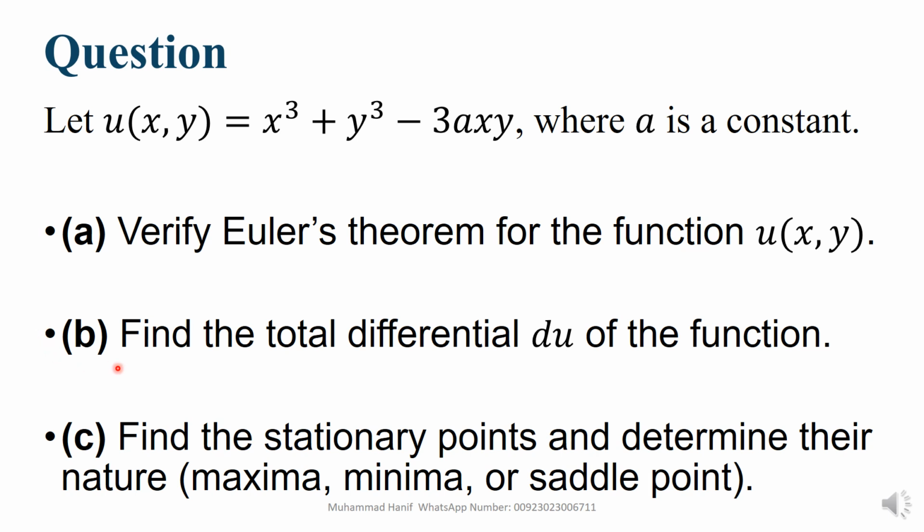Point B: Find the total differential du of the function. Point C: Find the stationary points and determine their nature: maxima, minima, or saddle points. This is important for these questions.